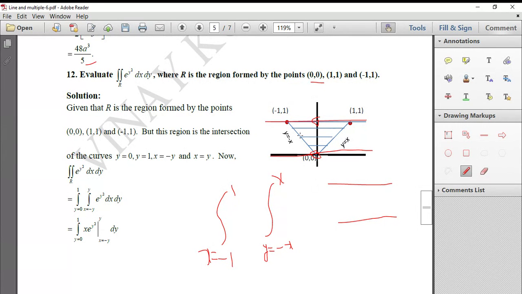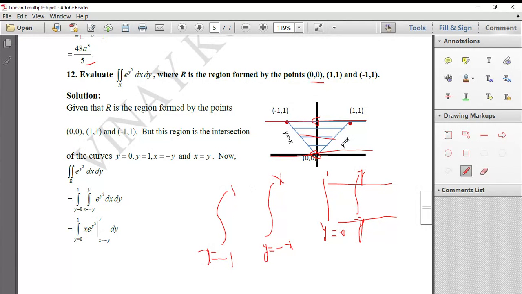X varies from here to here. So what about any point on this line? So we need this length. What is this length? It is from x equal to minus y to x equal to plus y. So you can choose the limit as y varies from 0 to 1. X varies from minus y to plus y.